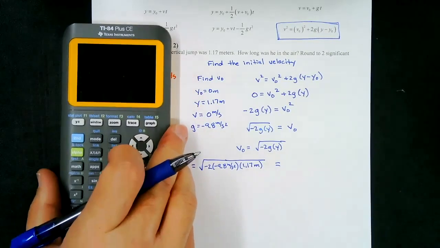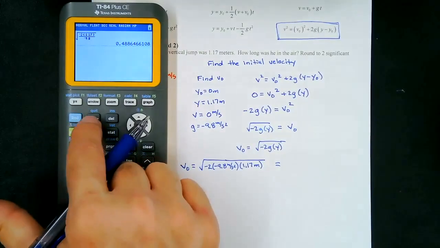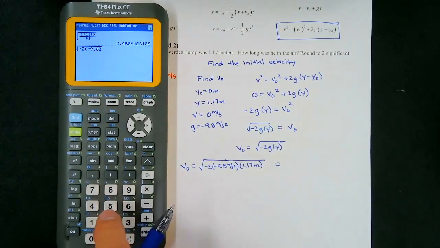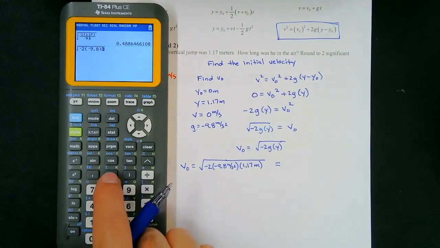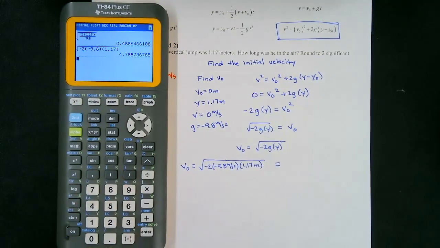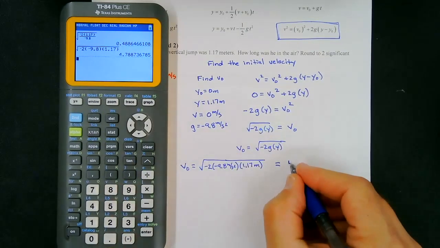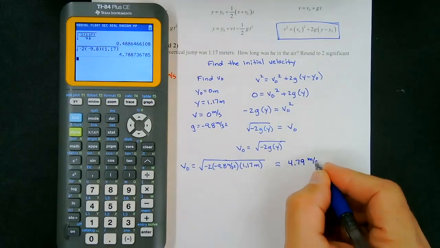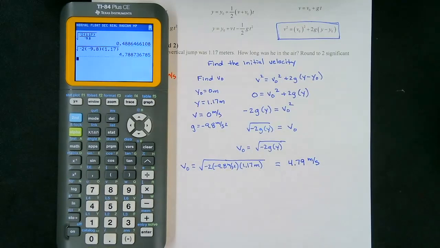And putting this into the calculator, I first press square root, then negative 2, and then parenthesis, and then negative 9.8, close the parenthesis, and then another parenthesis, 1.17, close the parenthesis. And we get 4.78 or 4.79, and that would be meters per second.